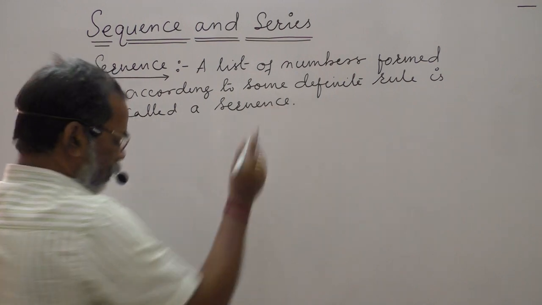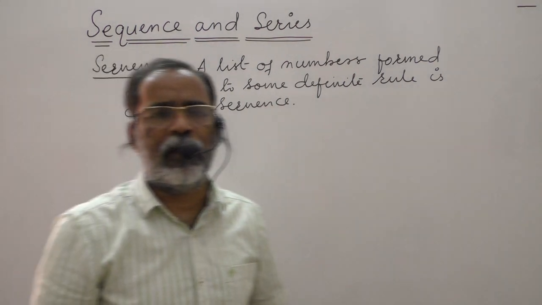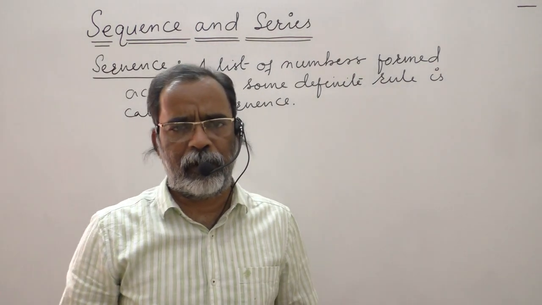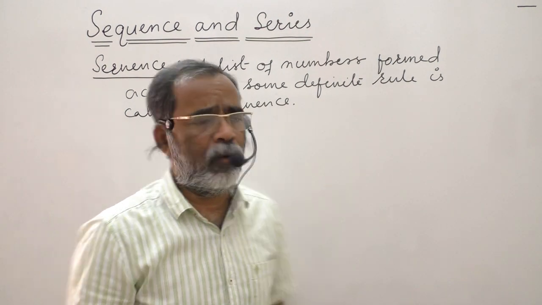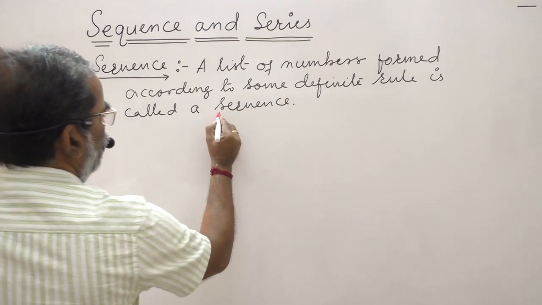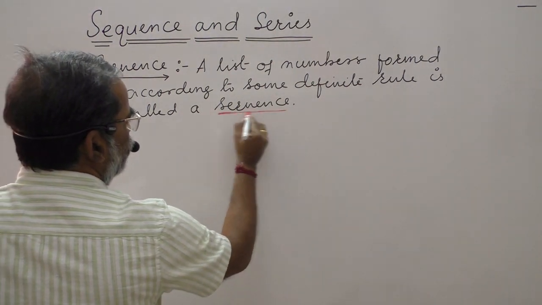What is a sequence? It is a list of numbers formed according to some definite rule. This list is called a sequence.